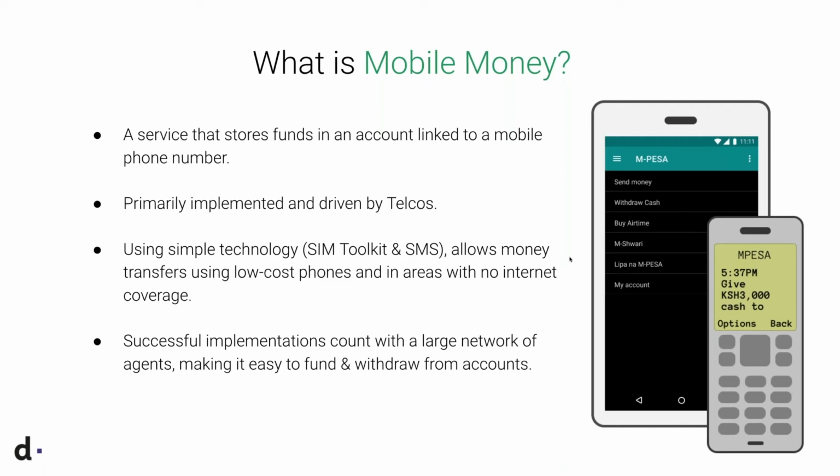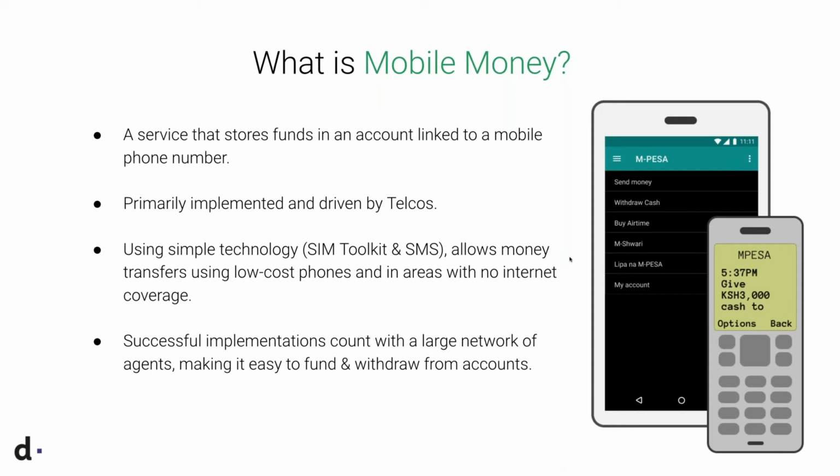And most importantly, this technology works in areas where there's no internet coverage. So internet is not required to transact with mobile money, since the communication channel is SMS, and SMS is supported through regular cell phone connection. Another important point about mobile money is that the successful implementations all counted with a large network of agents that make it easy to fund and withdraw from accounts.